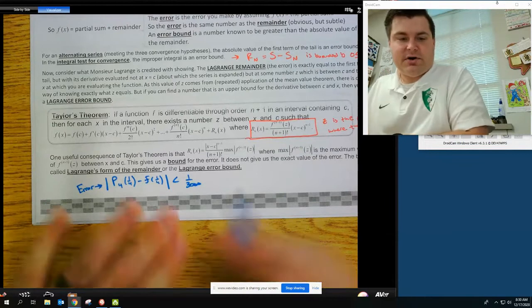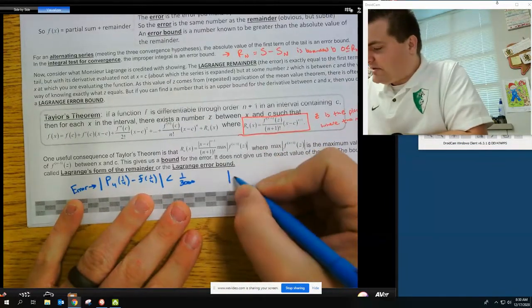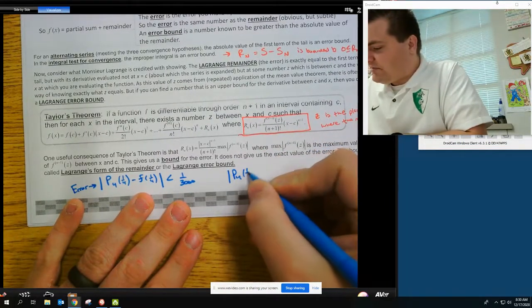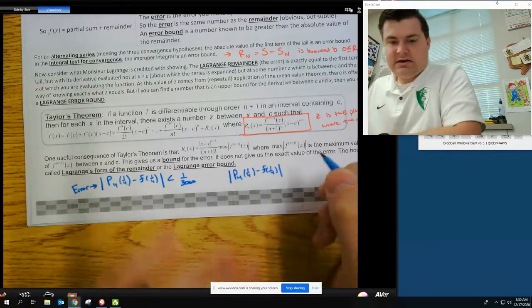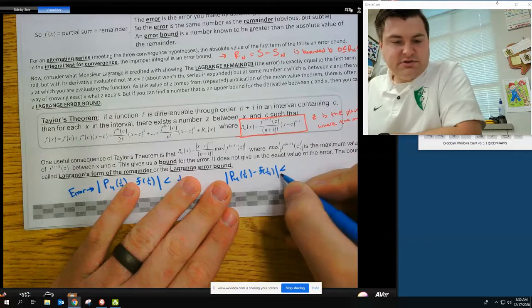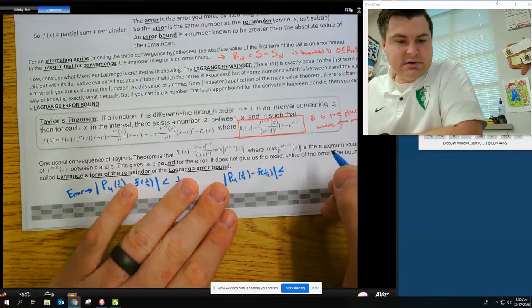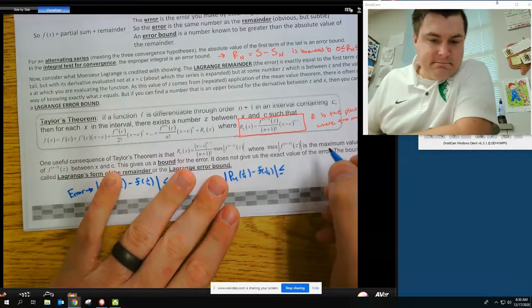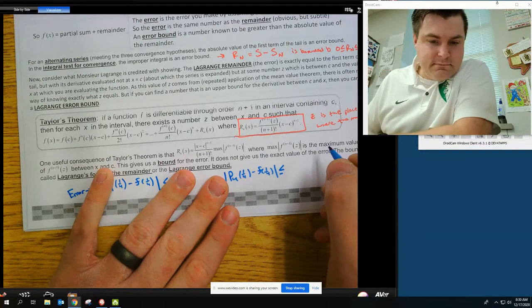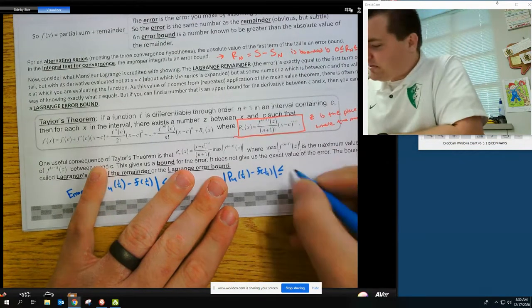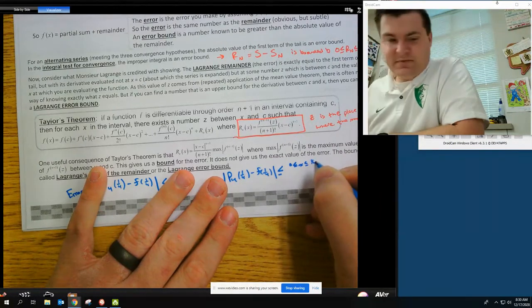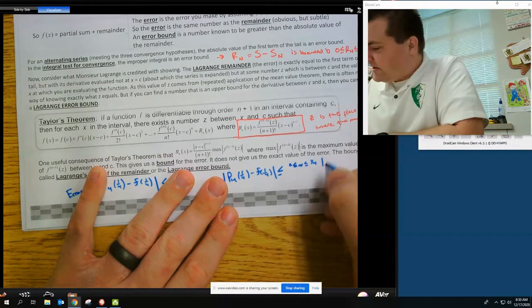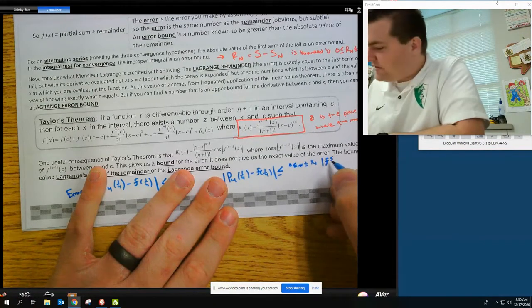Now we get slightly different notation here. Let's say I have the polynomial at 1/4 minus f of 1/4, which is the error. This is going to be less than or equal to, I'll write this down first and then I'll explain it, the max of the 5th derivative of f of x over 5 factorial times x to the 5th.